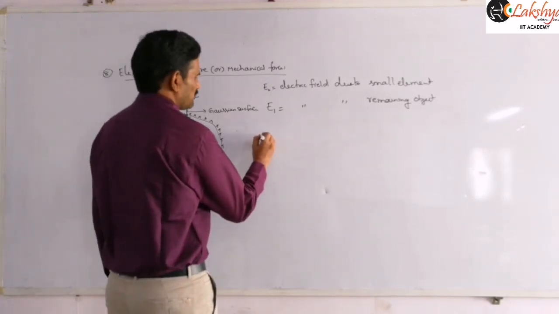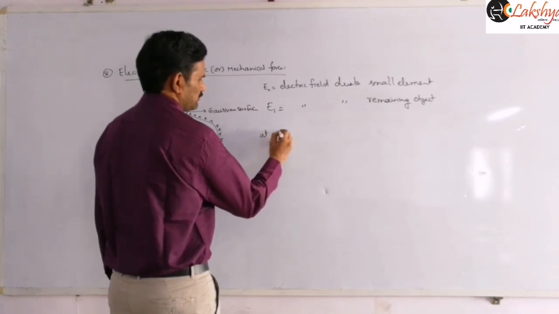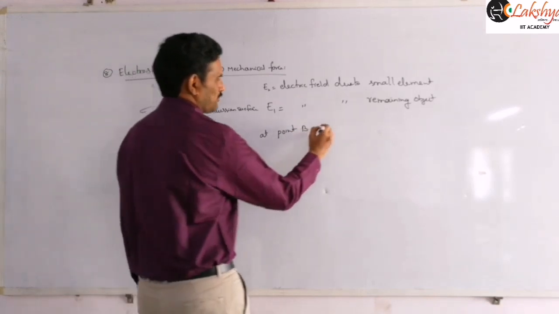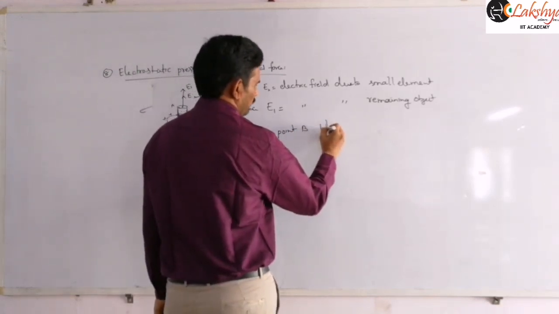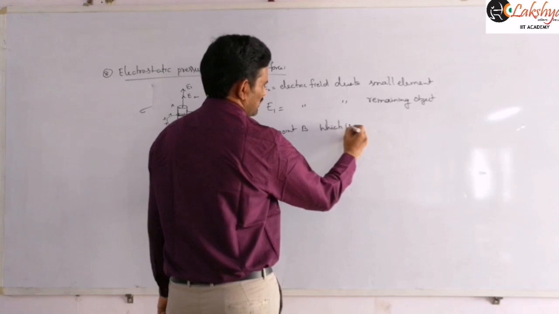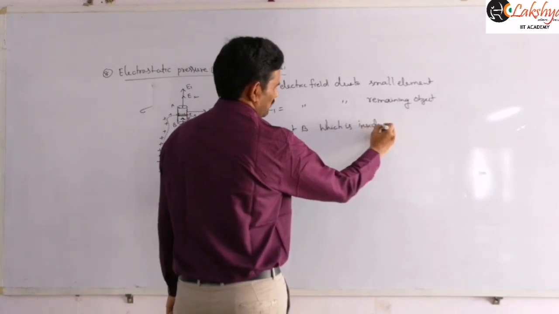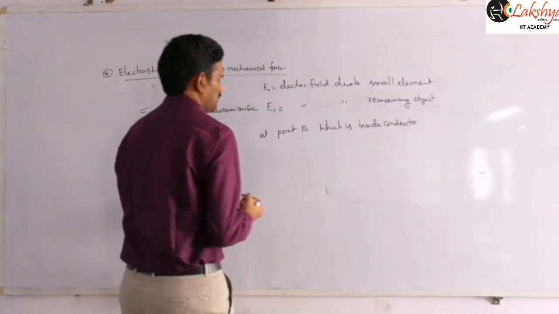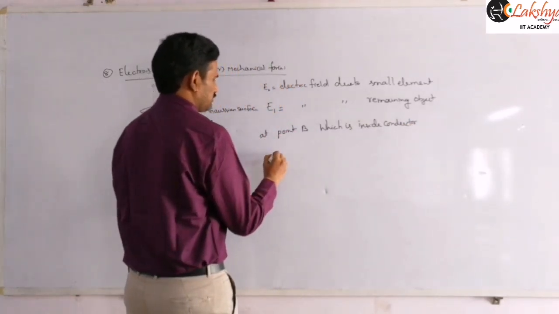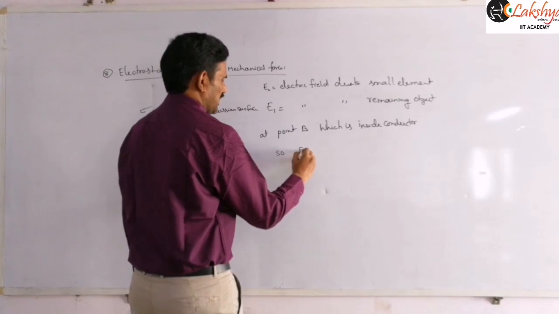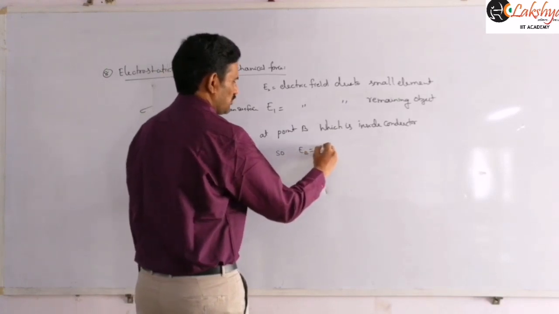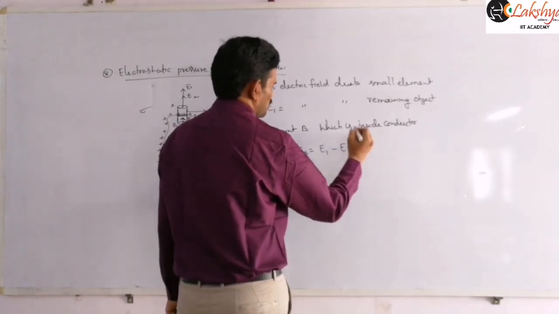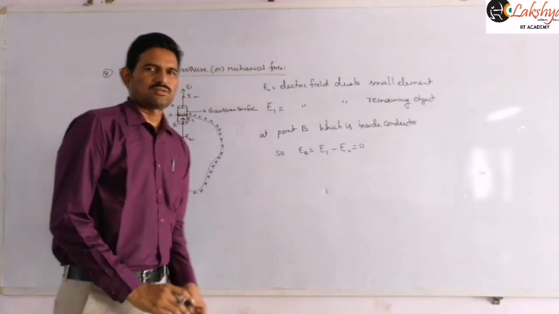Now at point B, which is inside the conductor, the electric field at point B is equal to E1 minus E2. This value should be equal to 0, right?